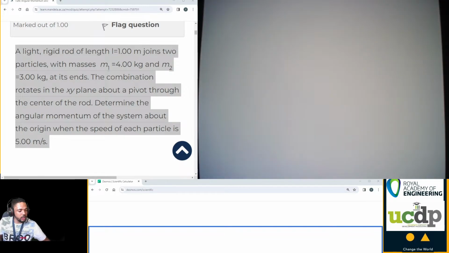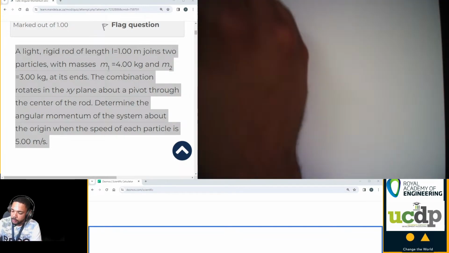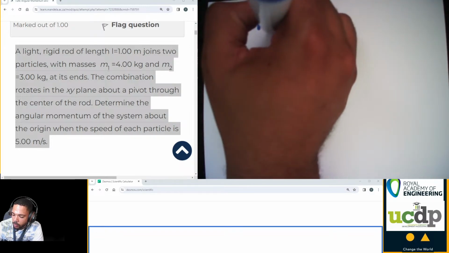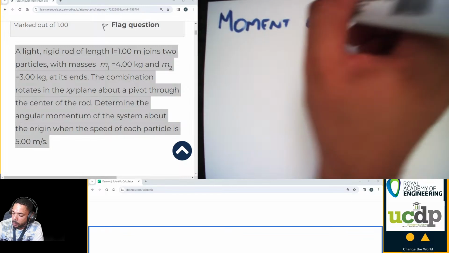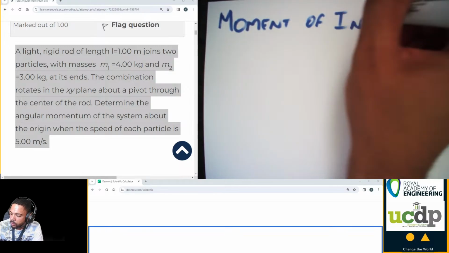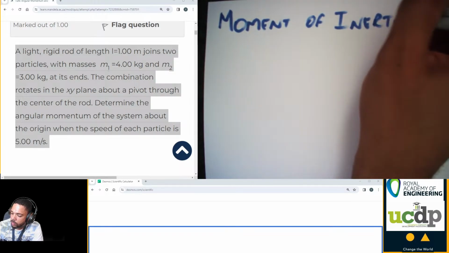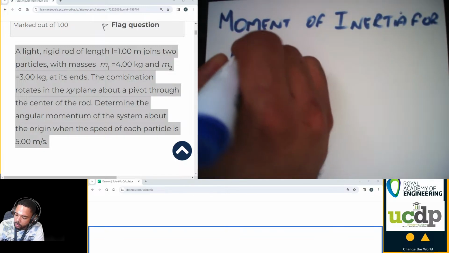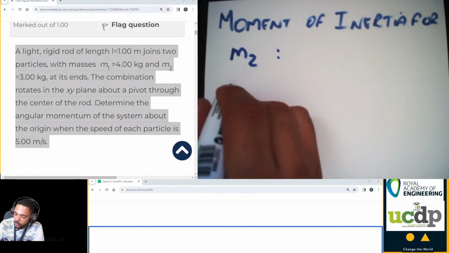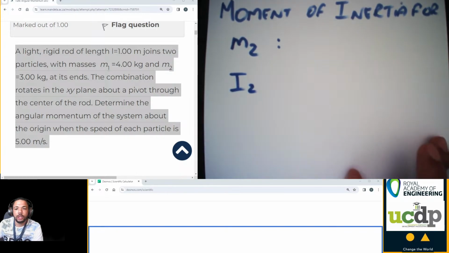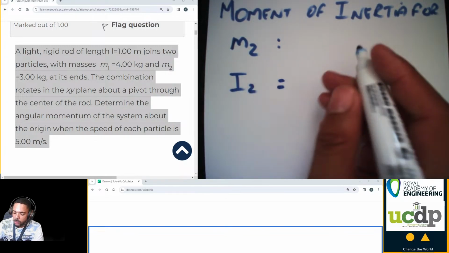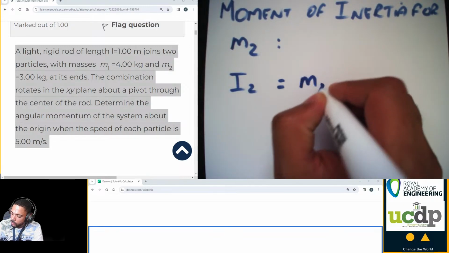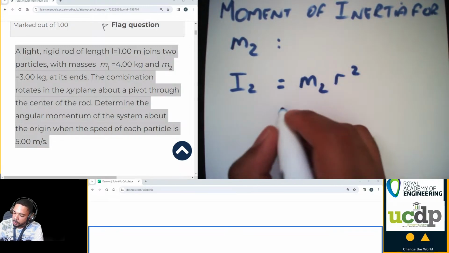Let's calculate the moment of inertia for M2. So I2, the moment of inertia for M2, is equal to the mass of 2 multiplied by the radius squared.